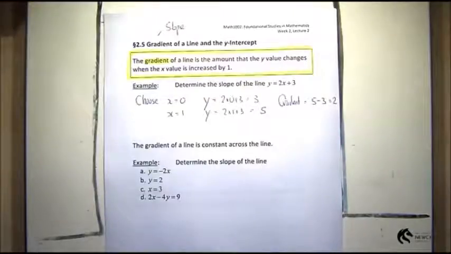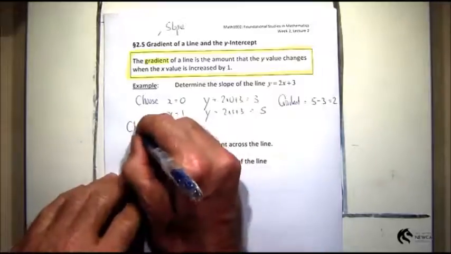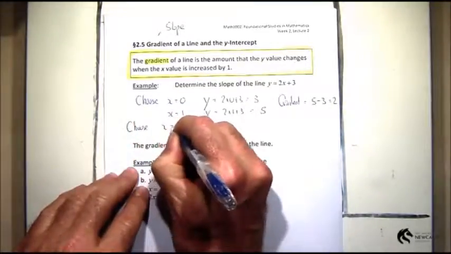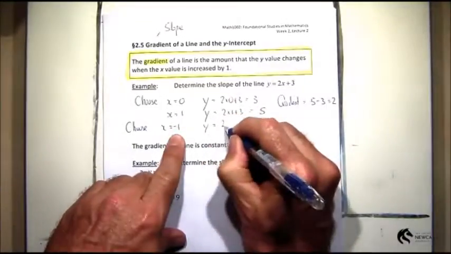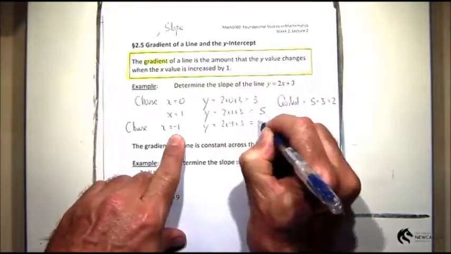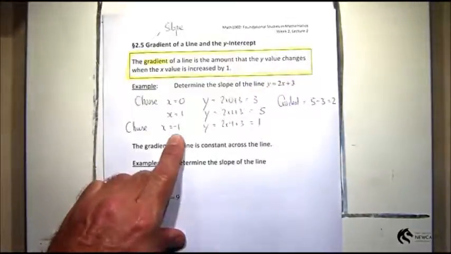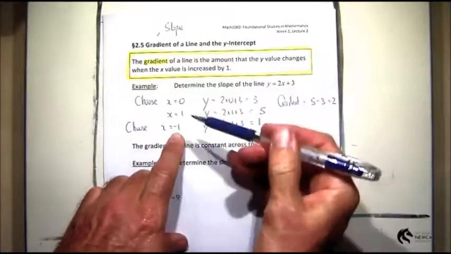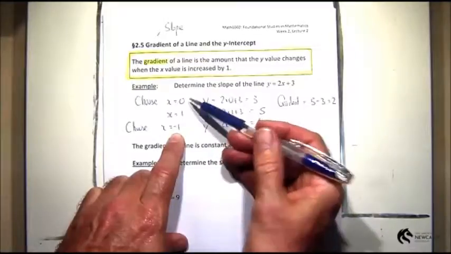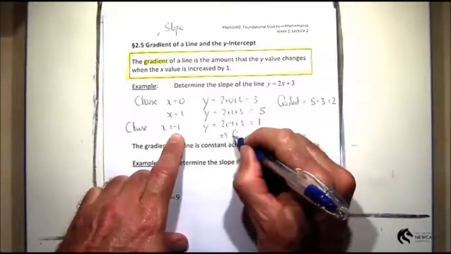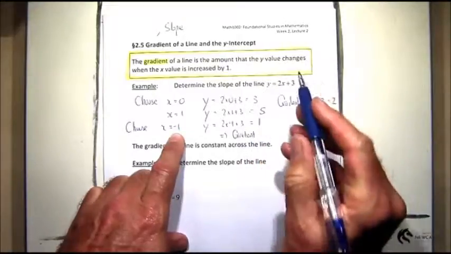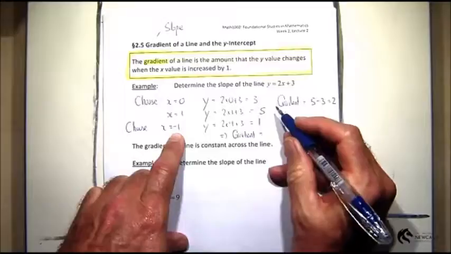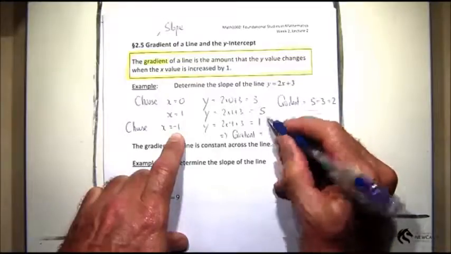Interestingly, if I put, I'll try and get one on the graph now, let me do this. If I chose x is equal to minus 1, say, then in here I would get y is equal to 2 times minus 1, which is minus 2 plus 3, that's 1. So now I could say, look, as x has changed by 1 unit from minus 1 to 0, the y value changes from 1 up to 3.